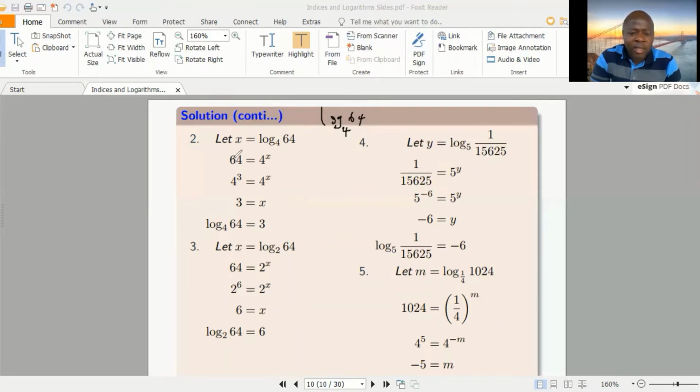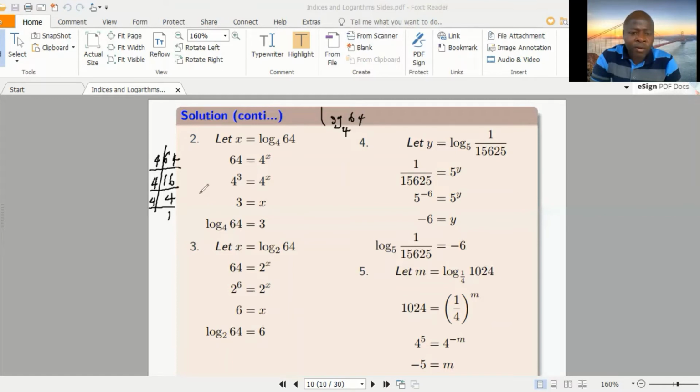Then check if 64 can be written in terms of 4. 4 goes into 64 16 times, 4 here 4 times, and 4 here 1.